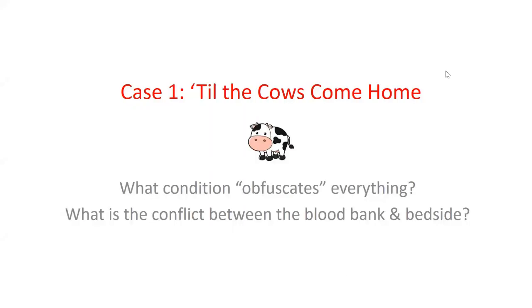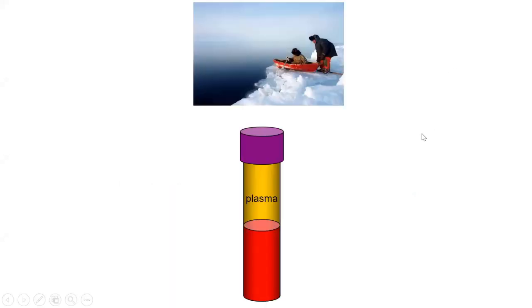In case 1, till the cows come home, we're going to be asking questions like what condition obfuscates everything, and what is the conflict between the blood bank and the bedside? So just as Eskimos have many words for snow, the blood bank has many names for the specimen that we receive that is the basis of compatibility testing assurance.